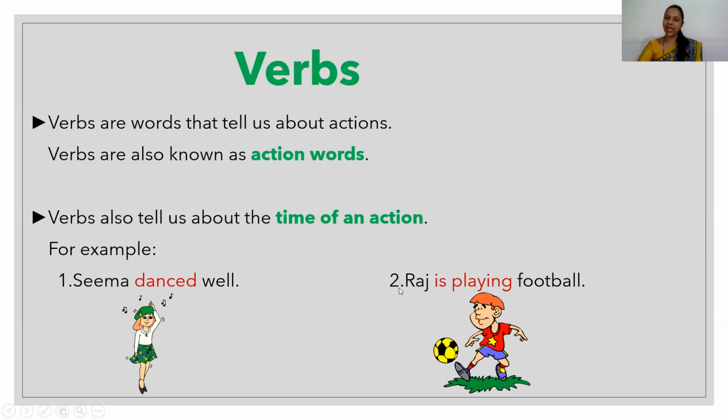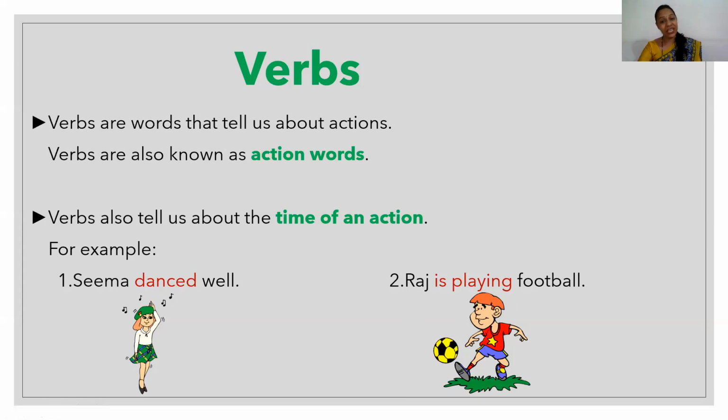Let us come to the second sentence. Raj is playing football. Now, in this sentence, the main verb is playing and there is a helping verb, is, along with it. Yes? Raj is playing football. So from the verb is playing, we come to know that the action is still going on in the present.